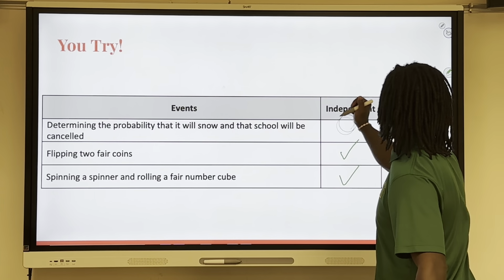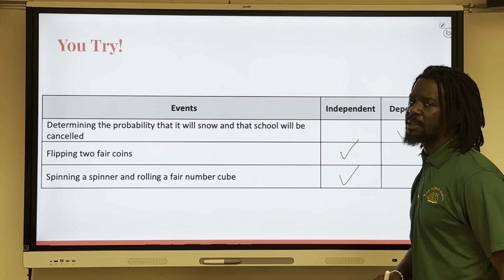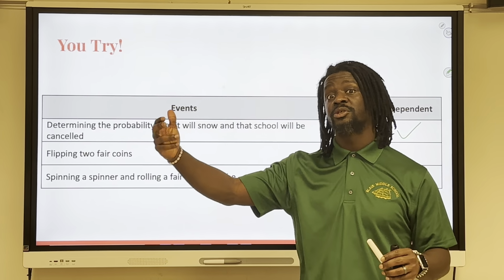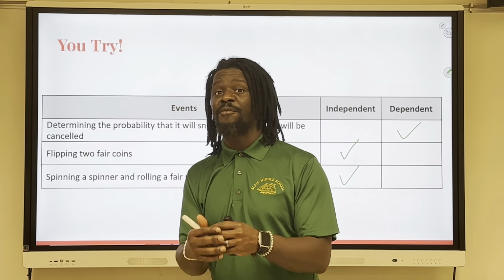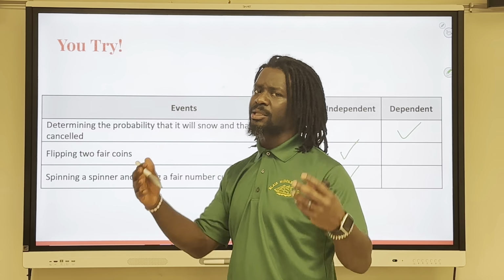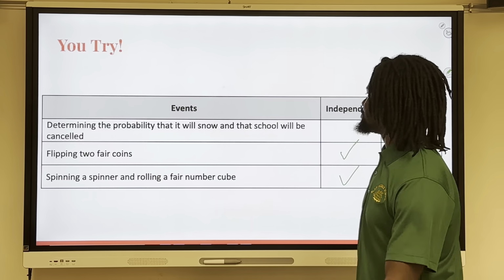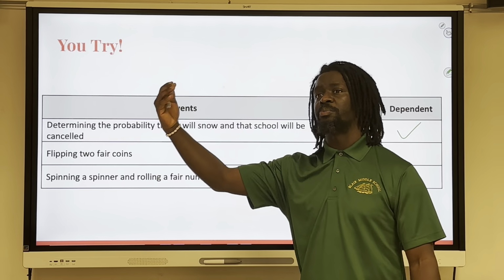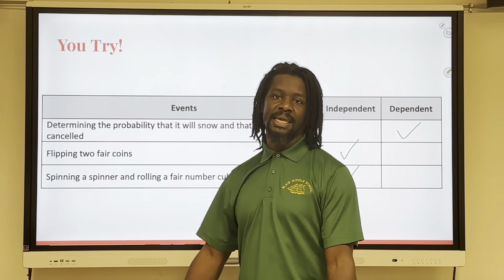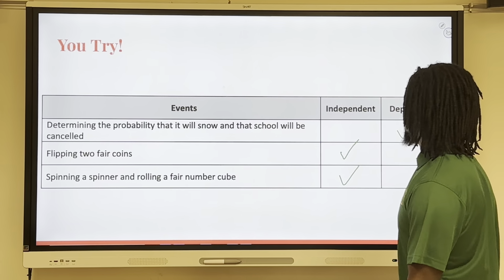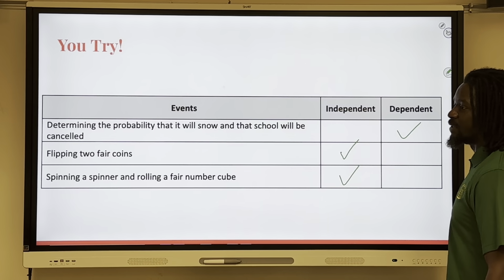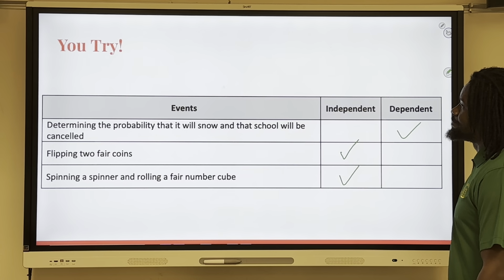Well, I think that one might be dependent, just because the probability that school is going to be canceled is affected by whether or not there's a chance for snow. The way I initially thought about it was just based on the previous day, which is probably not the best way, but we're going to end with saying that one is actually dependent.